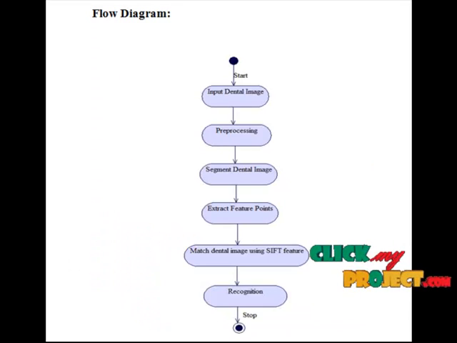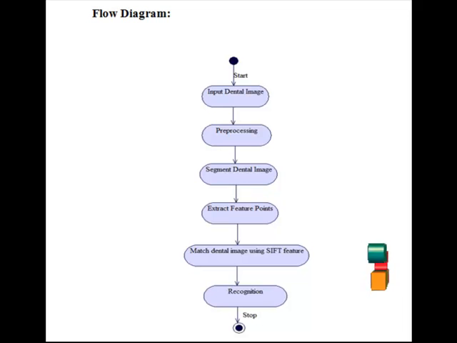Now I am going to explain the flow diagram of our project. In the first stage of our flow, we give the X-ray or original image of the input dental images, and from the dental images we first go to the pre-processing stage. In the pre-processing stage, the image can contain many noisy pixels. The noisy pixels can be removed by applying a filtering process.